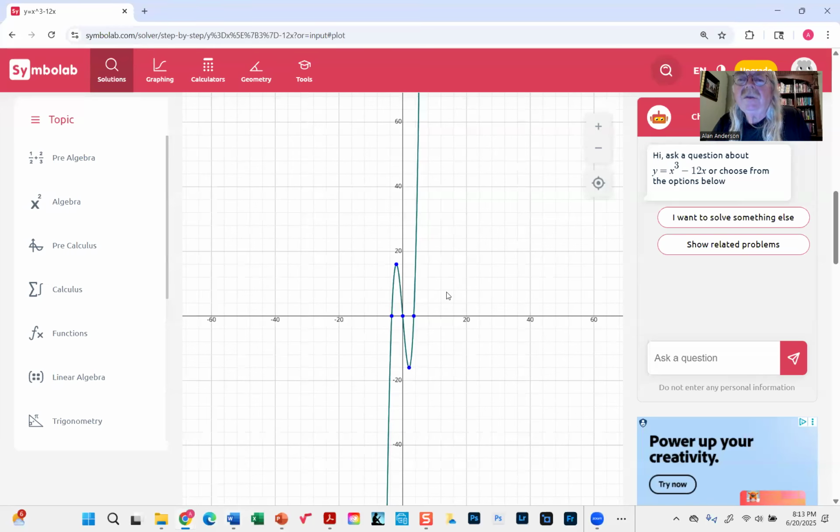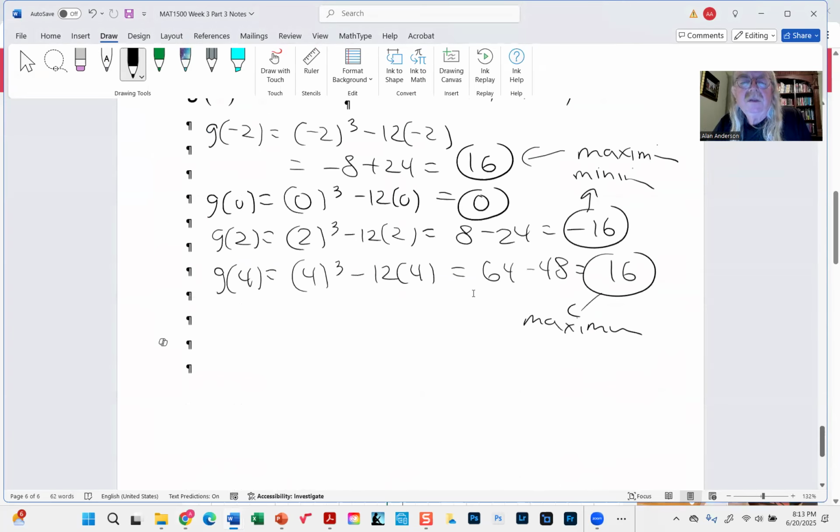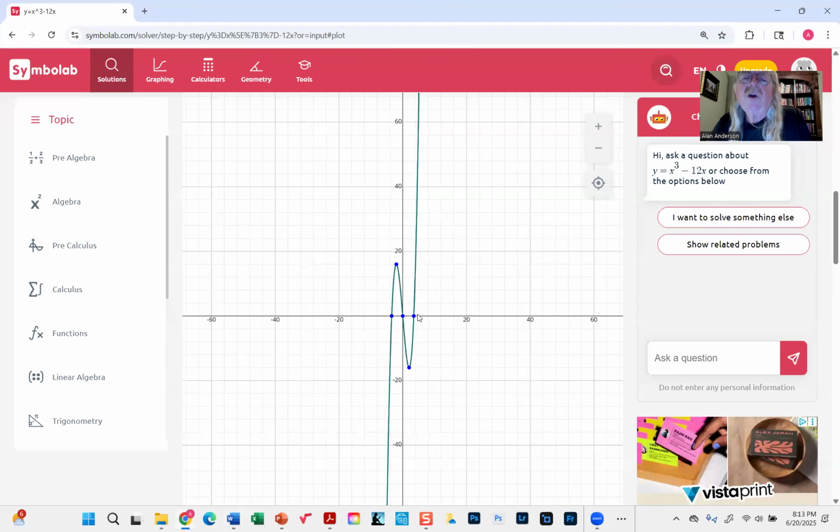Now remember, the interval is only over 0 to 4. It's hard to tell from this graph where those are, but that means we have these points.